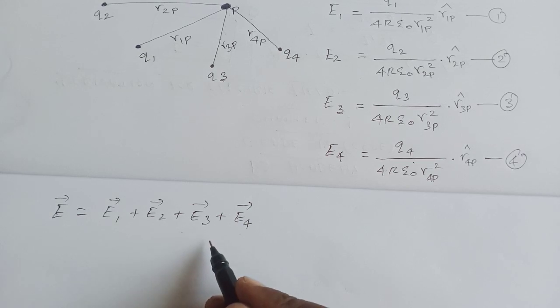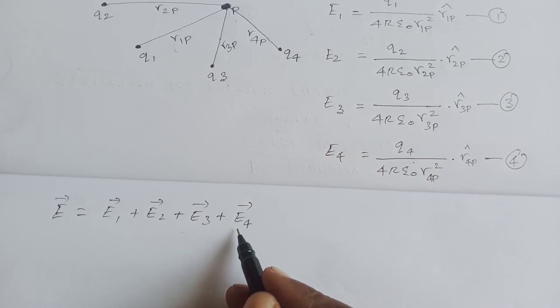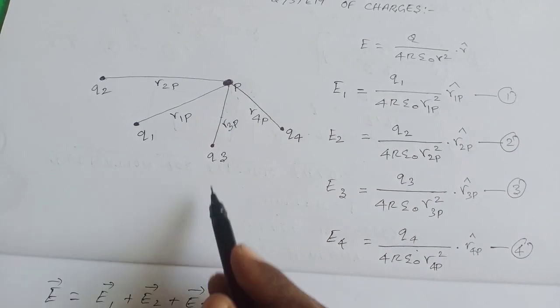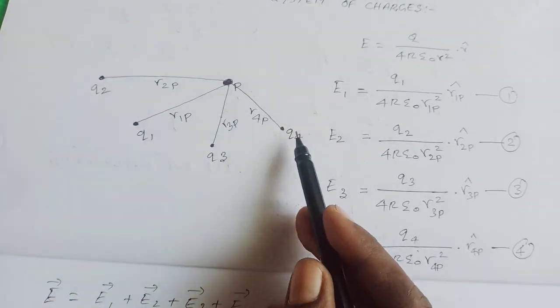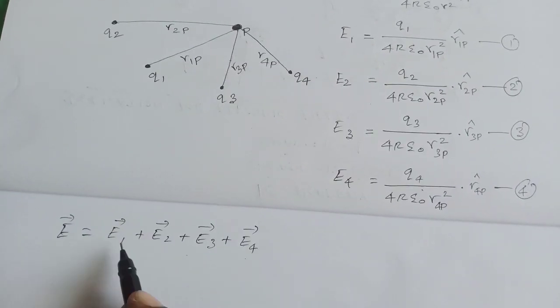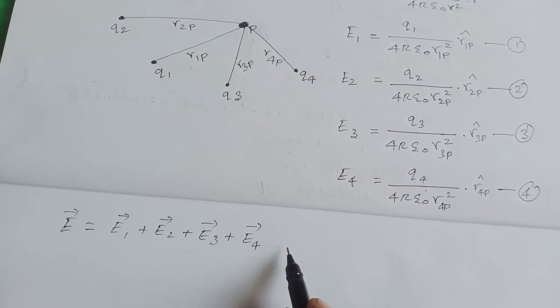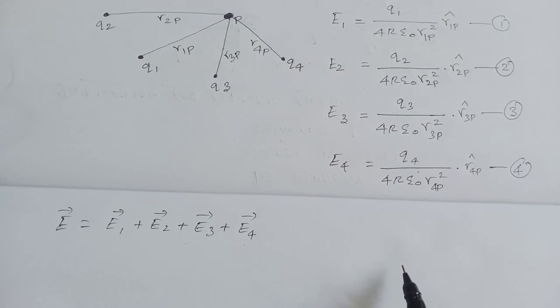For example, if you are considering n number of charges, then you can write the same equation as E1 plus E2 plus E3 plus E4 etc. up to En.